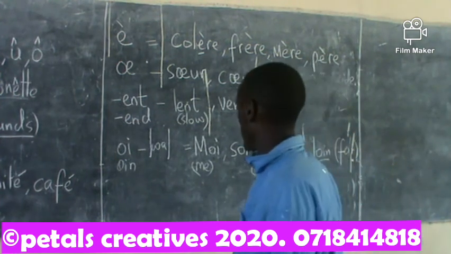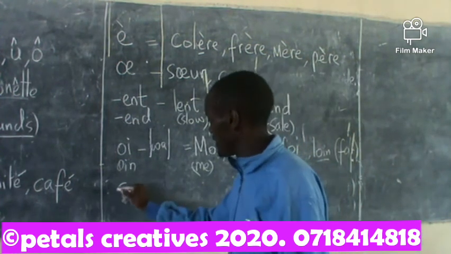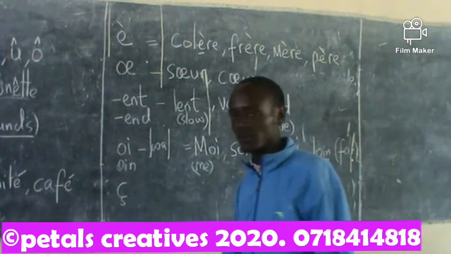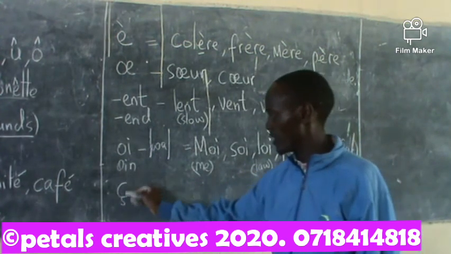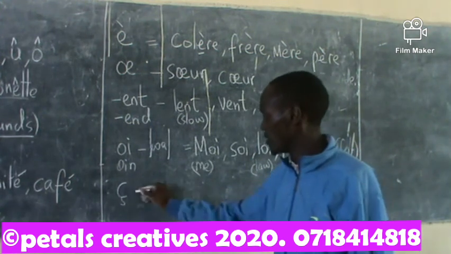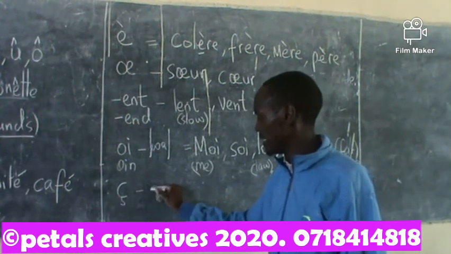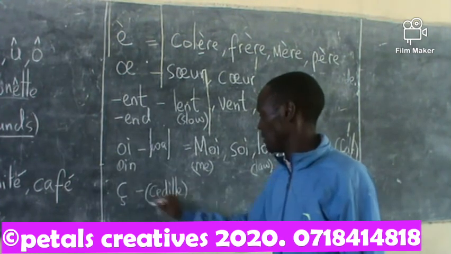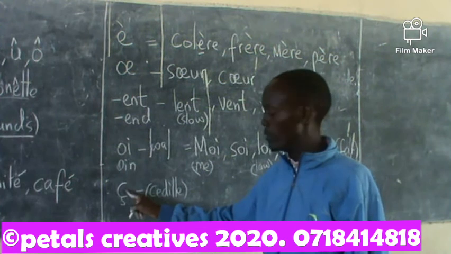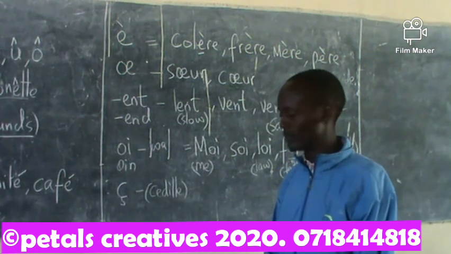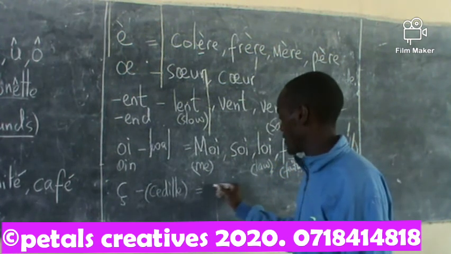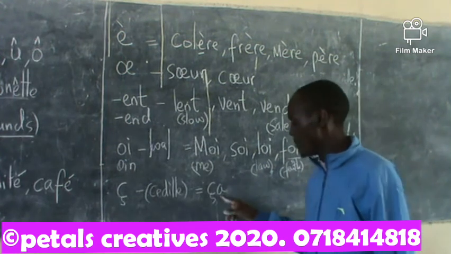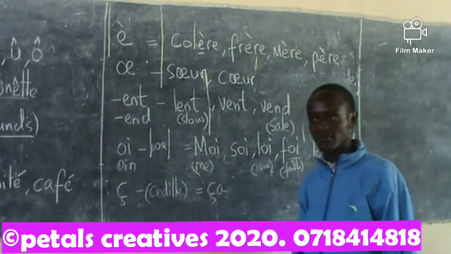The other sound that we have is a C that has an S below it, like that one. A C with an S below it. So this kind of sound is called cédille. La cédille. It makes C to be pronounced as S. For example, when you are saying ça, it means that.